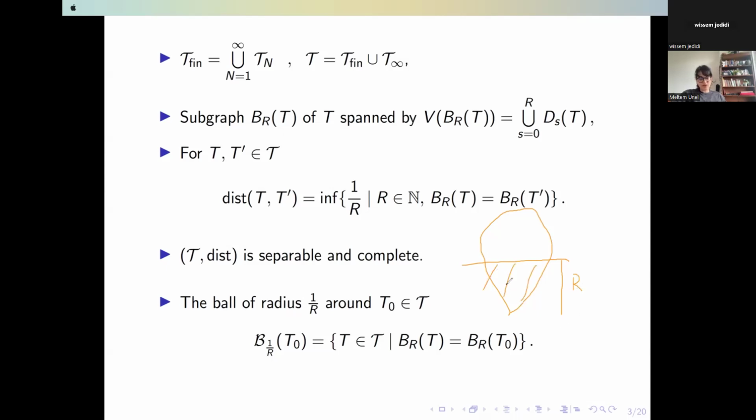Once we define this, we can put a metric on this space curly T. Question: the ball contains all the nodes with depth at most r? Exactly. And what do you mean by capital N in the union of T_N? Capital N is the size of the tree.